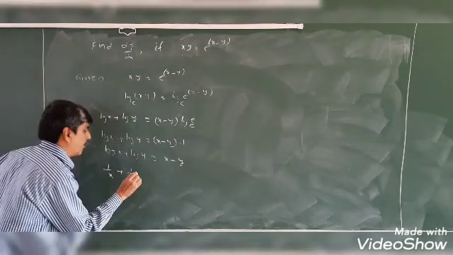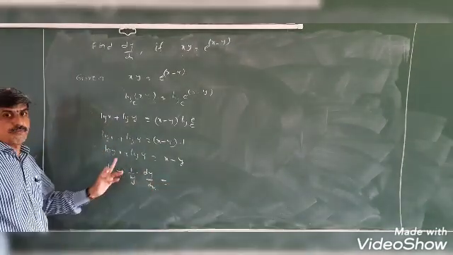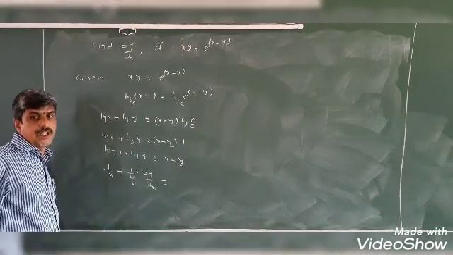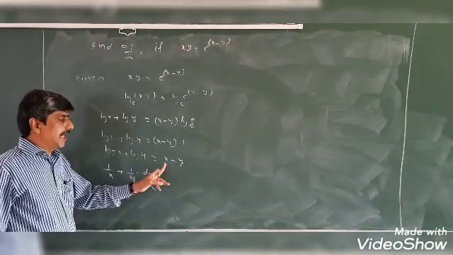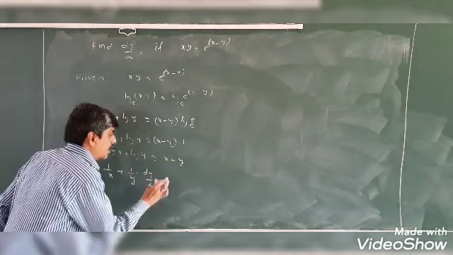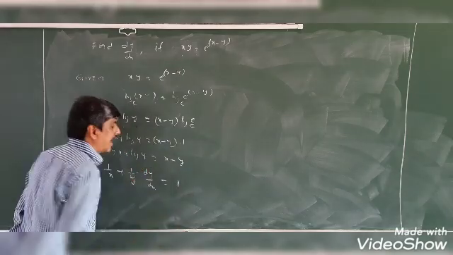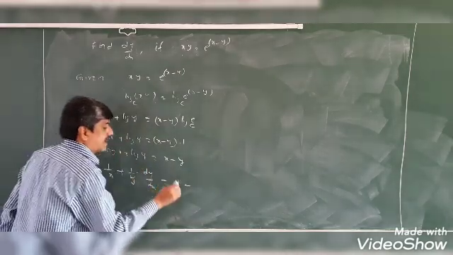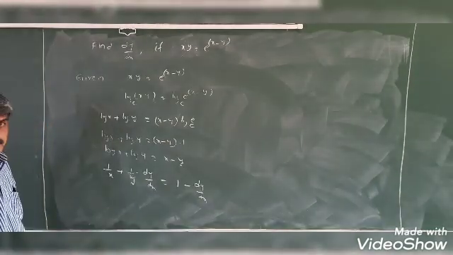Then d by dx of y we will write as dy by dx. Y is a function in x, that's why we are writing dy by dx. Then d by dx of x minus y is d by dx of x, 1, minus d by dx of y, which is dy by dx.